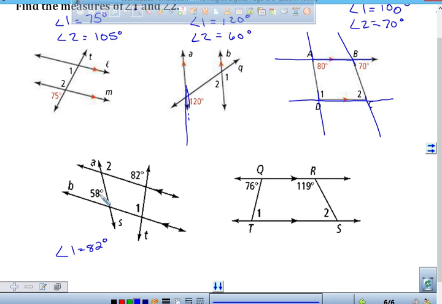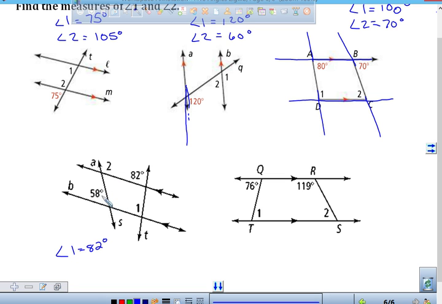How is that going to help you find 2? Then what? A is alternate exterior with S. Okay, so that means A has to be what? 58. Okay, and then A and 2, Chelsea? With this one or S? This one? That's supplementary. Yep. Okay, so what Chelsea did was find that this one is supplementary.